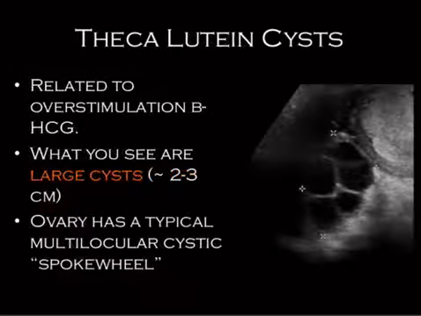The theca lutein cyst is seen in anyone who has too much beta HCG, and there's a couple of categories with that, which I'll talk about here in a second. But what you've got here is large cysts with this sort of multilocular cystic spoke wheel. It's a very typical classic look.